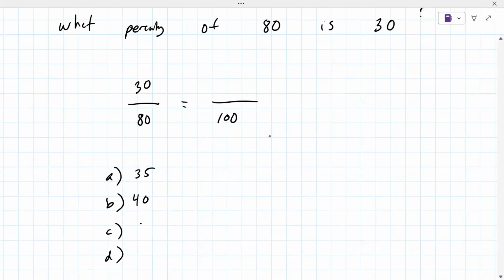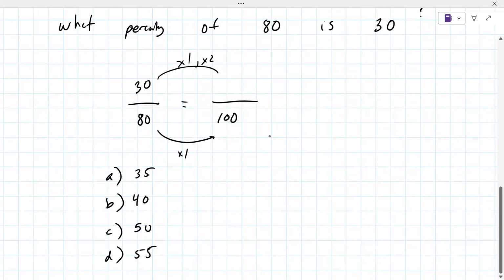Times less than 2. So somewhere between 1 and 2, right? Yeah. Okay, so what is 30 times 1 or times 2? 30 or 60. Okay, so are there any answers we can eliminate in this problem?